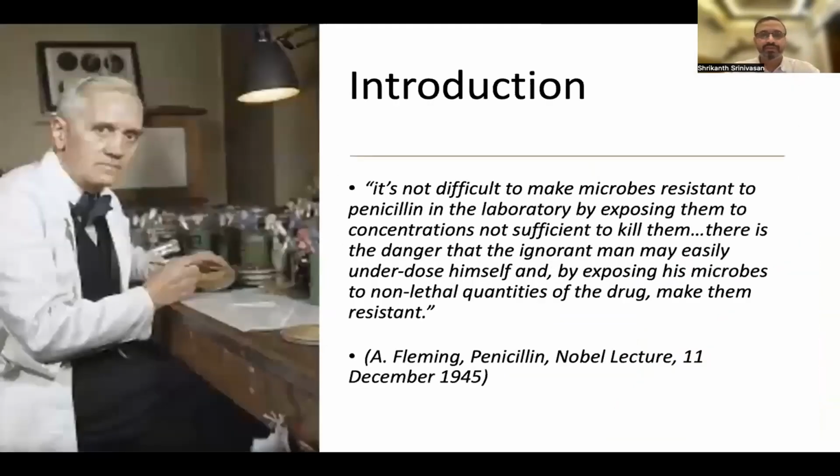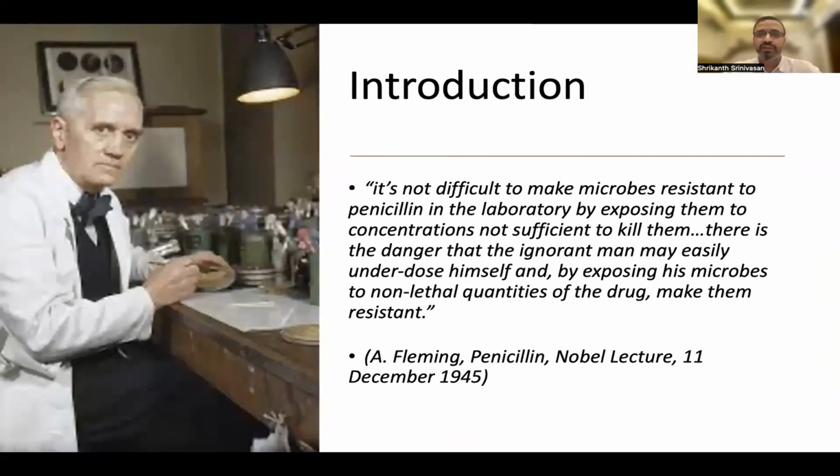So it all starts with this gentleman, Alexander Fleming, who got the Nobel Prize for discovering penicillin. But at the same time, he added a rider. He said that it's not difficult to make microbes resistant to penicillin in the laboratory by exposing them to concentrations not sufficient to kill them.